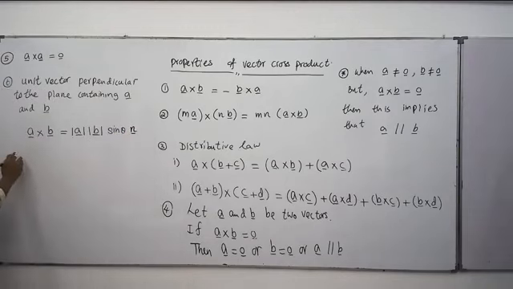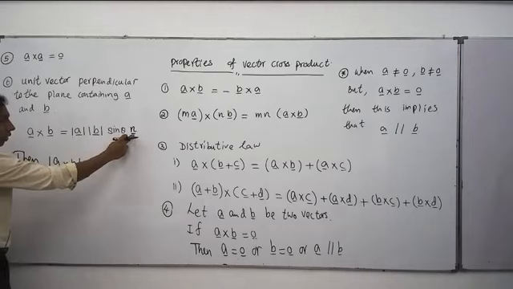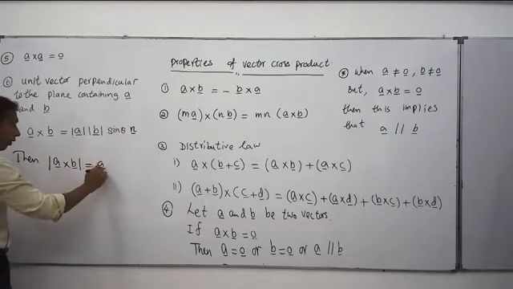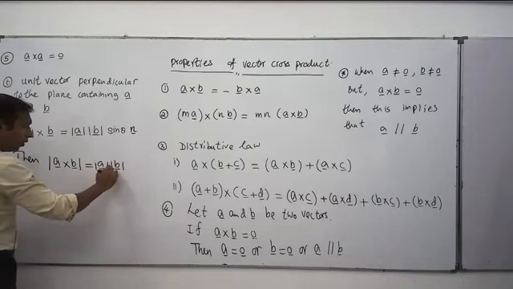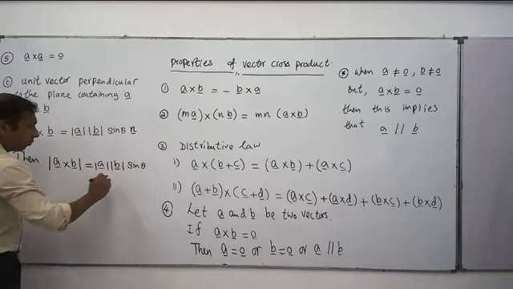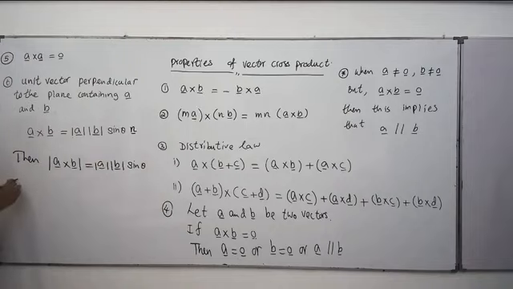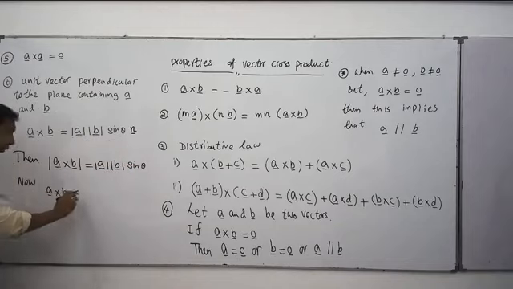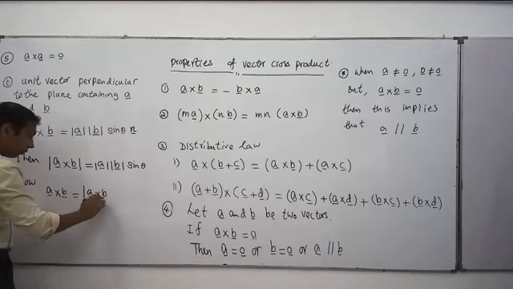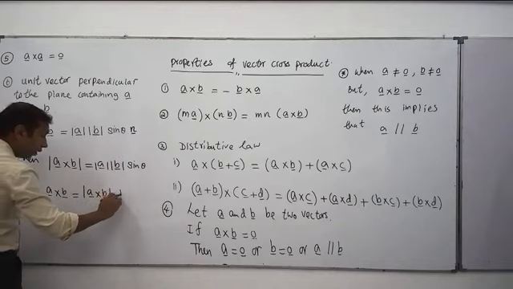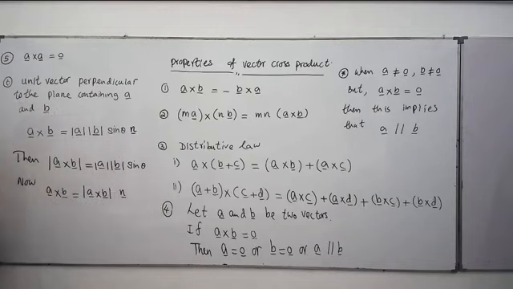Then you can say, A cross B means what, people? Except this unit vector, the rest part: mod A, mod B, sine theta. Right? Then I can write A cross B is equal to this part, A cross B modulus, times this unit vector n.